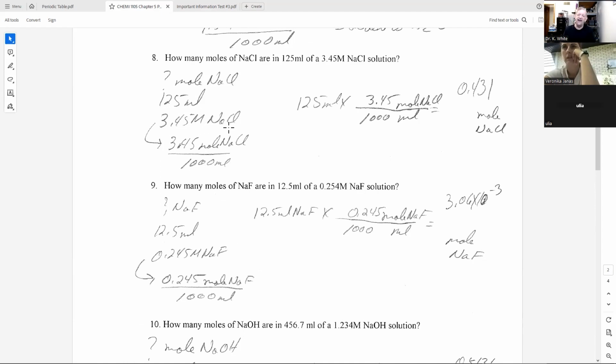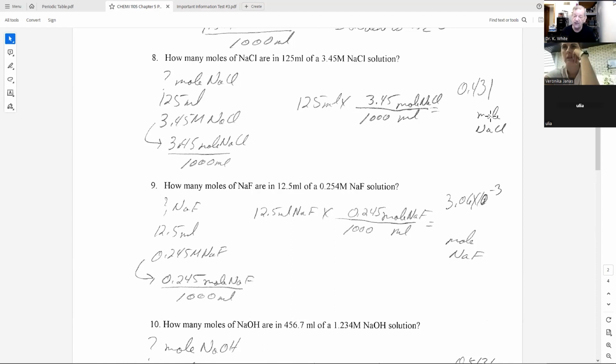Whenever you see that capital M and a number in front and a formula afterward, that's molarity. And you should know that's 3.45, in this case, moles of sodium chloride, NaCl, per 1,000 milliliters. So we have the 125 milliliters. We're trying to get the moles of sodium chloride.